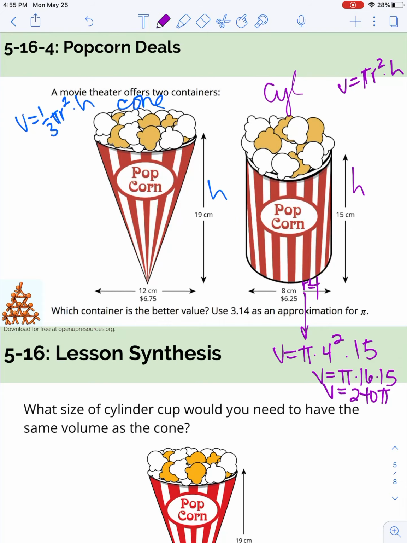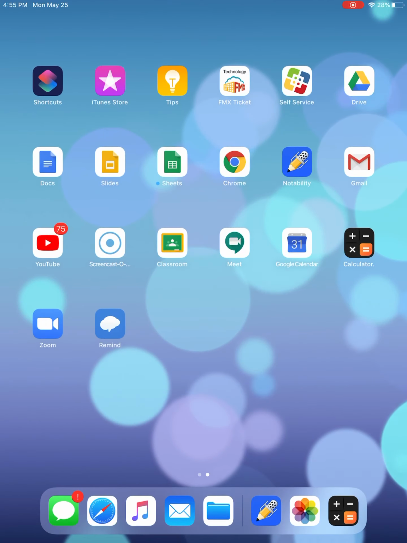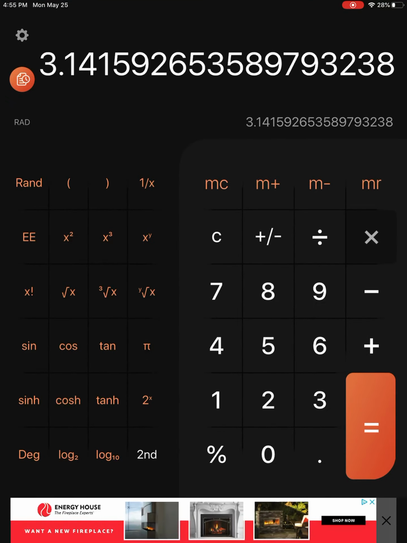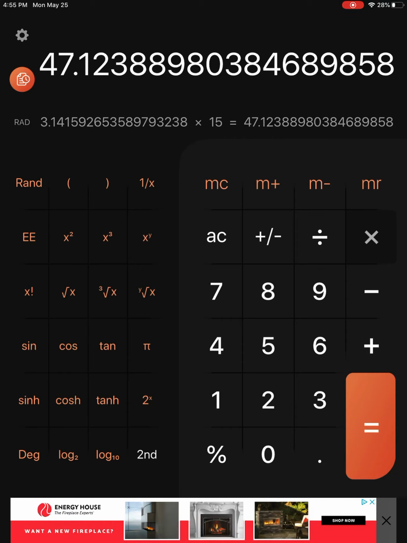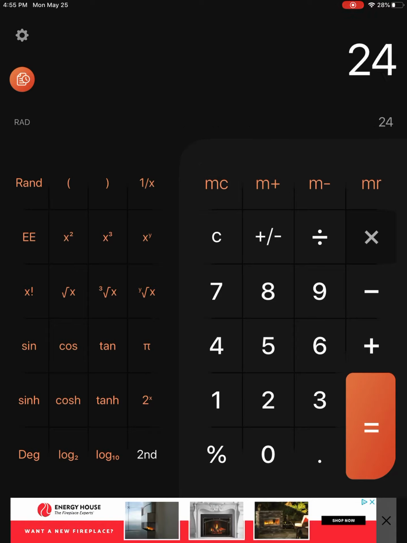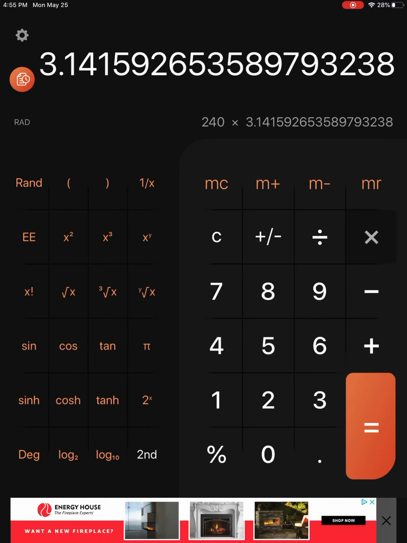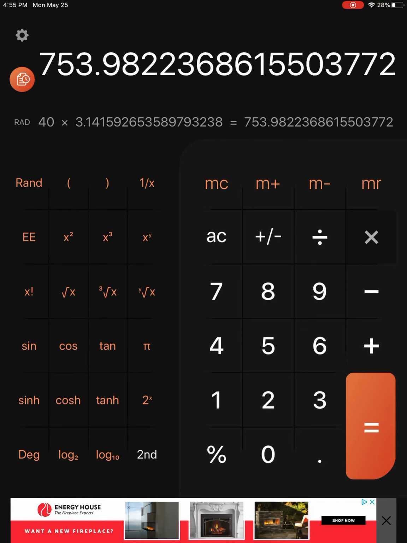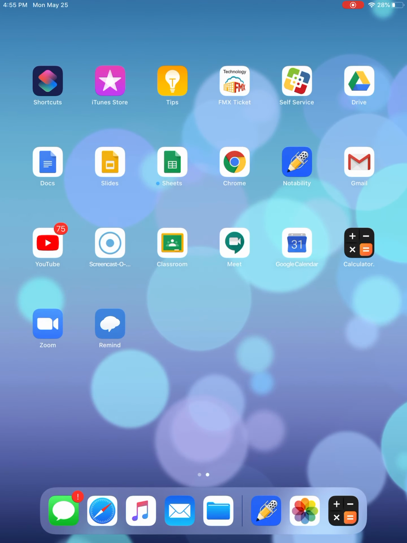They want us to multiply it out, so I can do 240 pi. Okay, 240 times pi equals 754 pretty much.